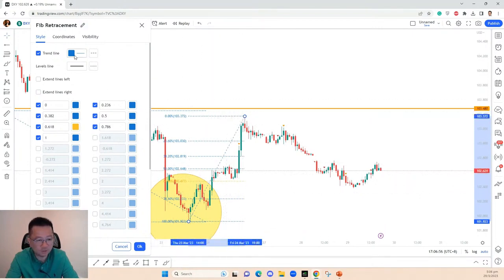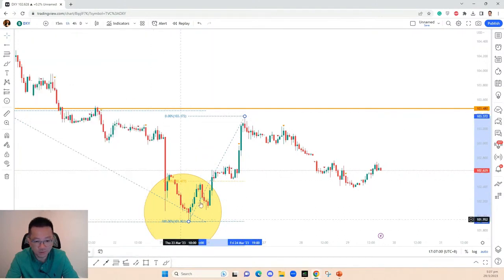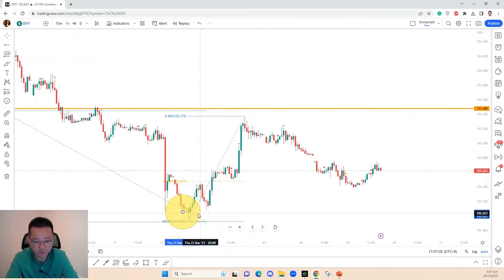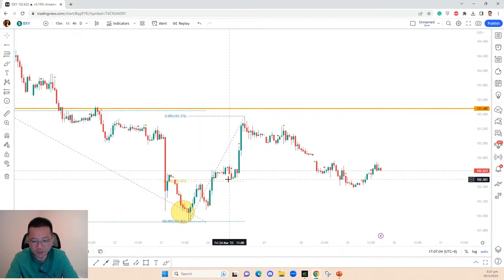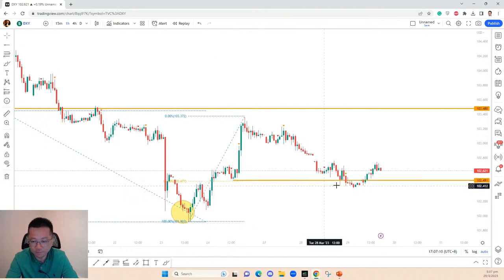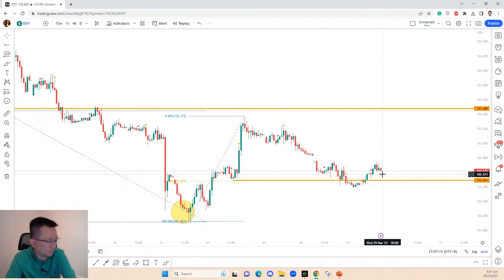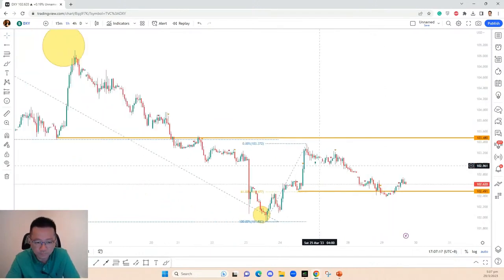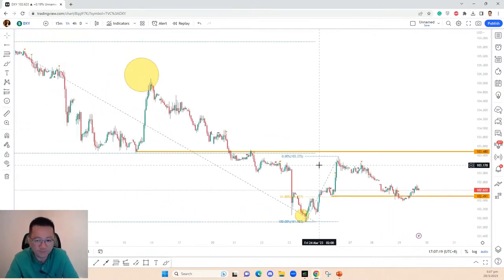For this one, maybe even that 61.8. Let me just make this a bit smaller. 61.8 broken, right? It broke that 61.8 level, but then as it broke, it bounced back up, and now it looks like it's trading back down again. So this is what I mean by cleaning up your charts.